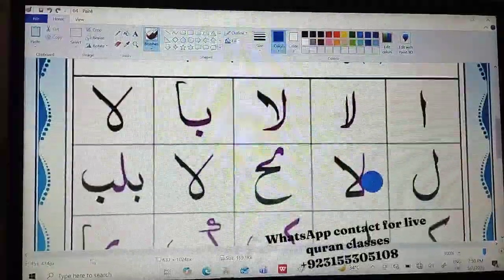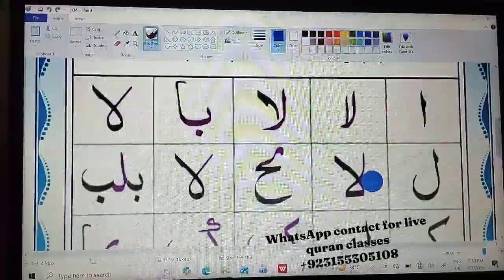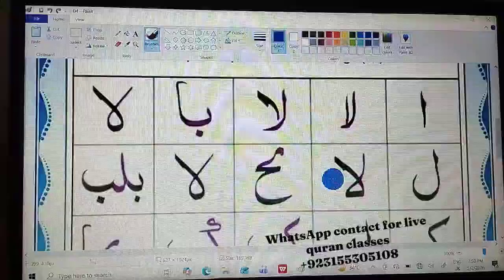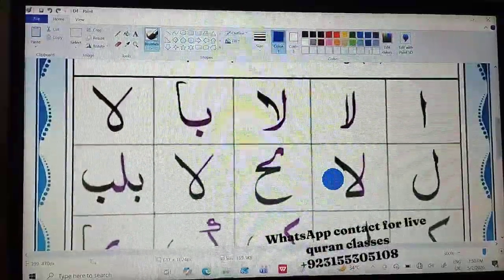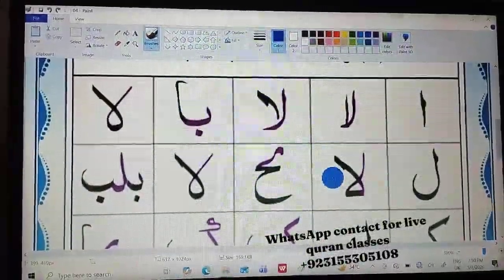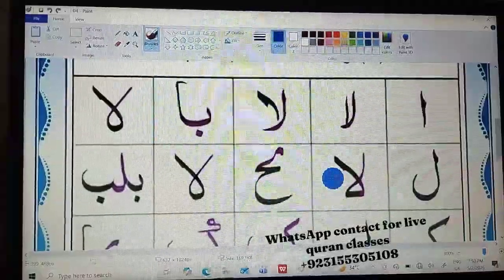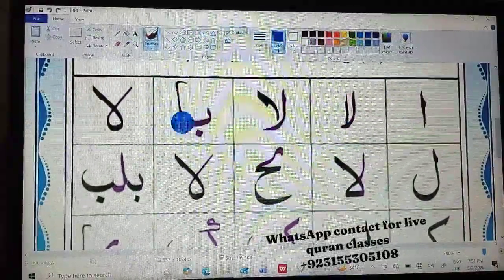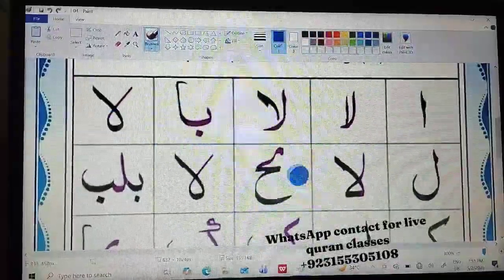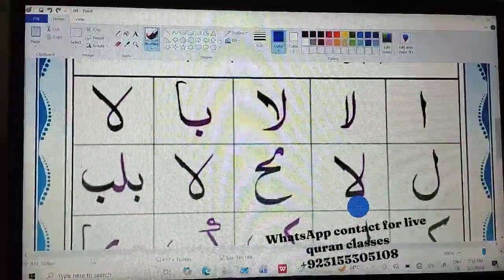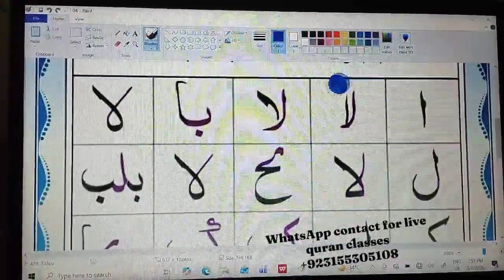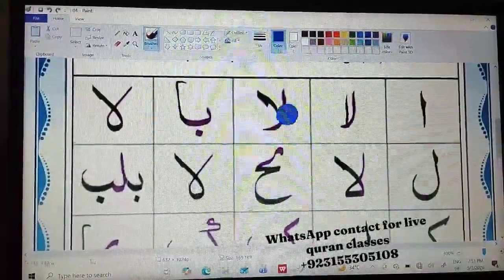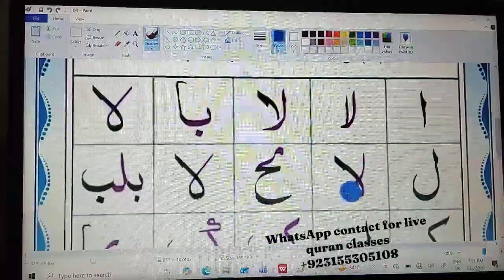So now you have four different shapes of Lam Alif. The pronunciation is the same, but the shape is different. Here this one is Lam Alif, and this one is Lam Alif, and this one is Lam Alif, and this one is Lam Alif. So four different shapes of Lam Alif.